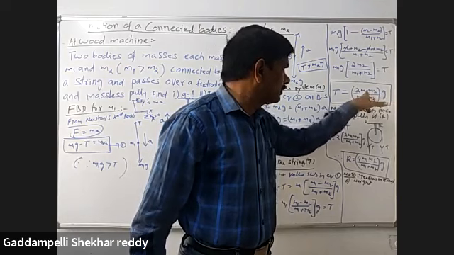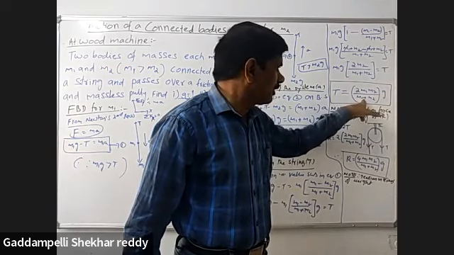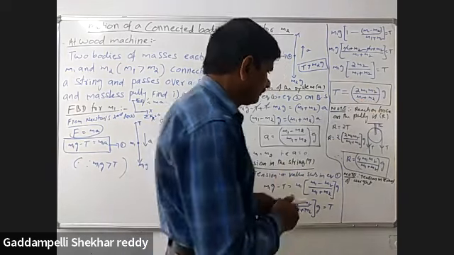So in the numerator and denominator, multiplying by g gives m1g, m2g.